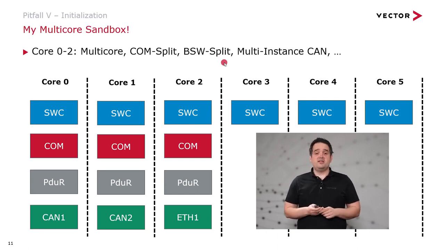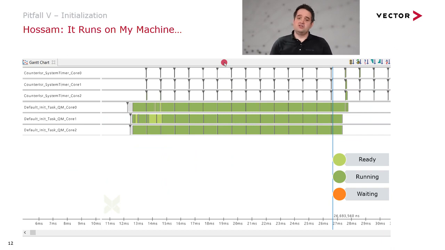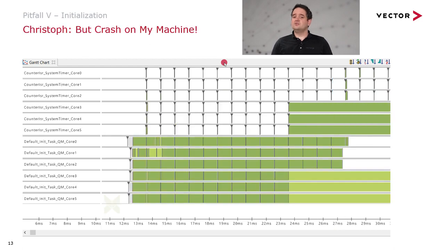From a perspective, Hossam's argumentation was like, the scheduling runs on my machine, but my answer simply was, it's not running on my machine, it's crashing. And you see, actually, when we investigate all the 6 cores, that core 0 to core 2 show a different behavior than core 3 to core 5.